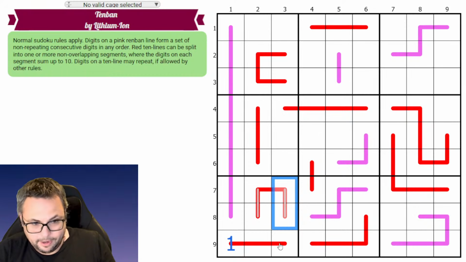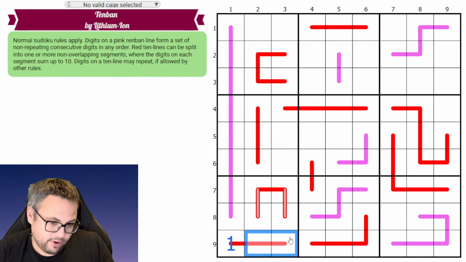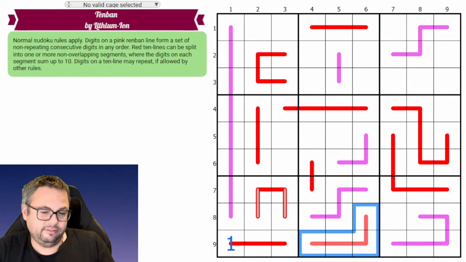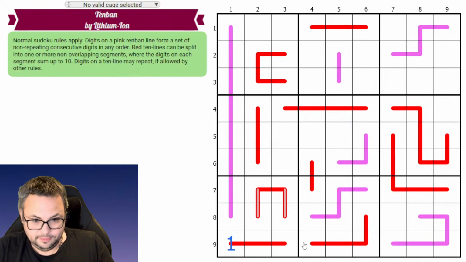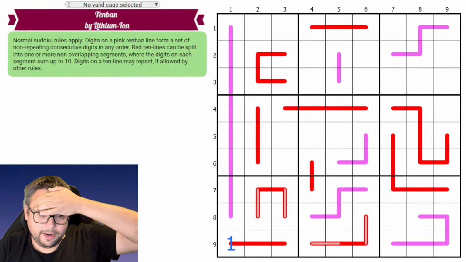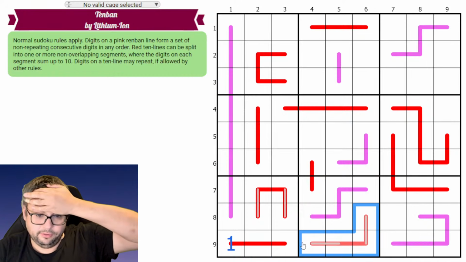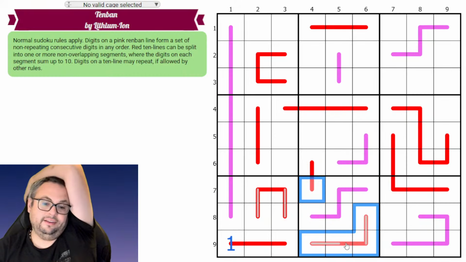Okay, there's definitely a 2, 3, 4 in these cells, because if there's not, this line sums to too much. And that means this line has to split. Like that. Okay, so there's only a maximum of 3 of 6, 7, 8, 9 in these cells, because you can only put 1, 6, 7, 8, 9 per 10 sum.